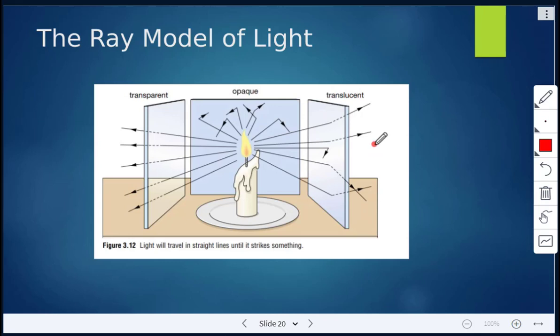Light is traveling in a straight line until it strikes this translucent material, and then we can see that the lines are scattering. They're not going straight through like they were in the transparent material. And then we have the opaque material, and we can see that the light cannot go through, so the rays are being scattered.